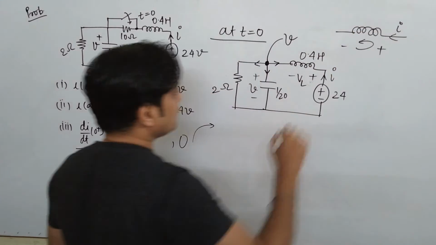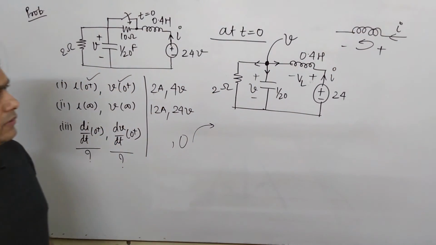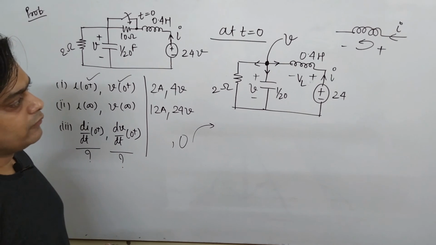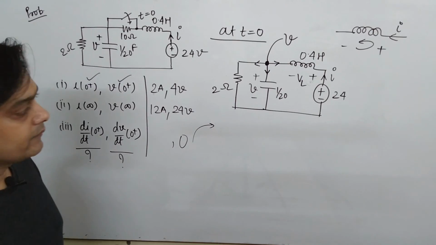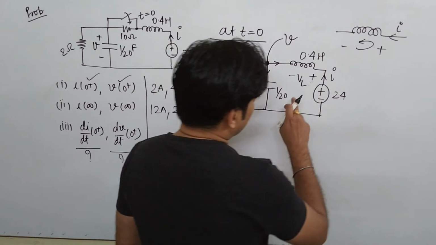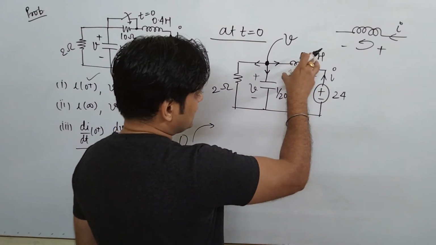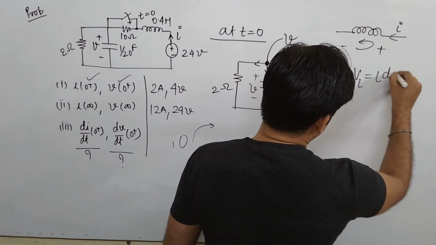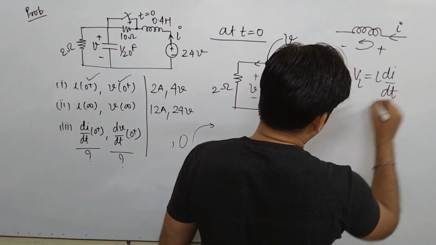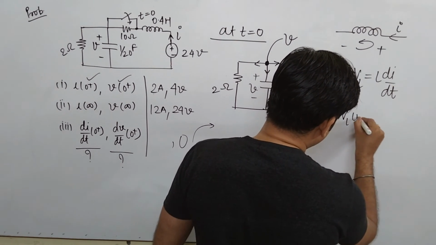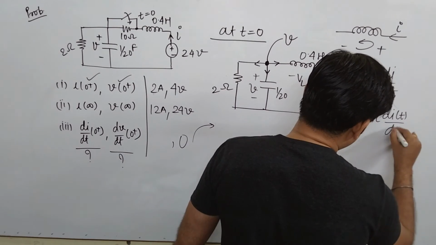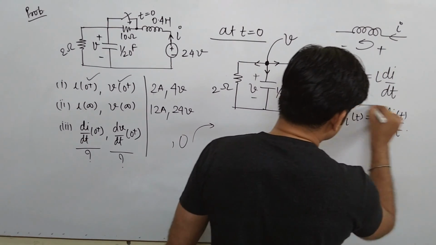So this is your VL and the current flowing here is in this manner. So whatever the voltage here, that is VL, is what? It is L di/dt, or you can say V_L(t), the voltage across the inductor, is L di(t)/dt.